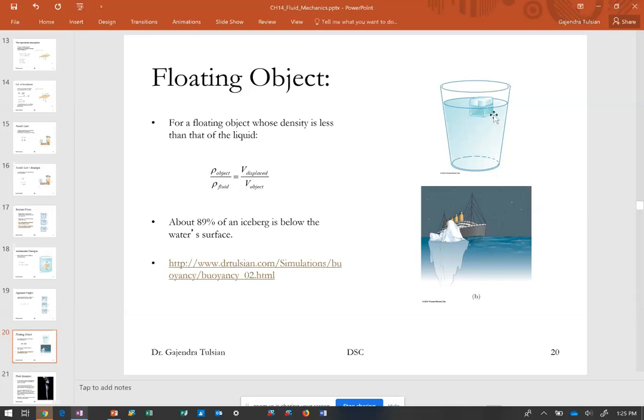So 90% of an ice cube is underwater. That's what that means. So about 89% of an iceberg is underwater. So 90% of the iceberg is sunk underwater.